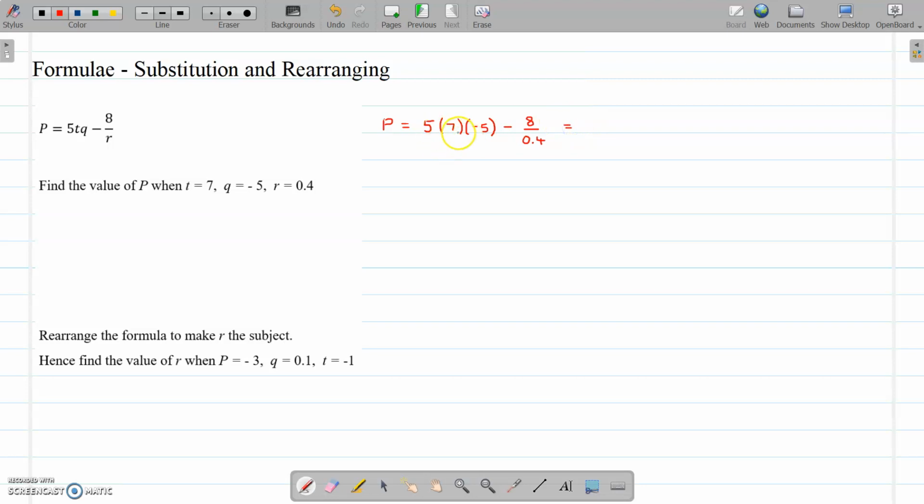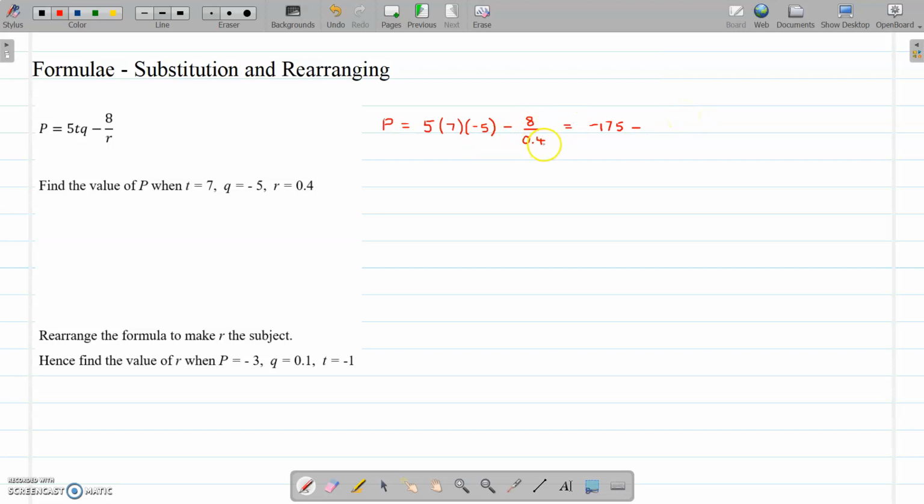Now, 5 sevens are 35, and if you times that by negative 5, it gives you negative 175. Okay, negative 175, and then you've got to take away from that 8 over 0.4.